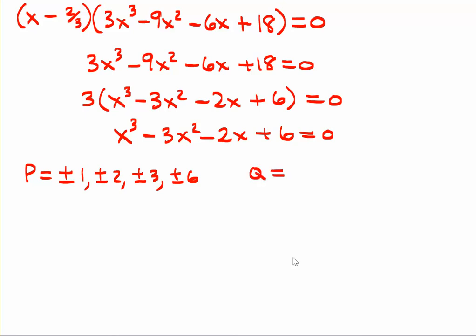Okay, Q. What do we get for Q? I like this one. I like when there's no coefficient in front of it. That's just going to have to be plus or minus 1. So possible values for P over Q. That looks weird here.